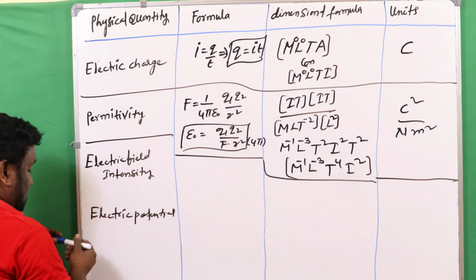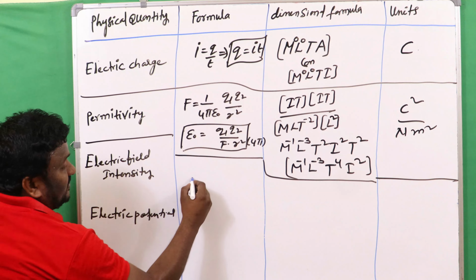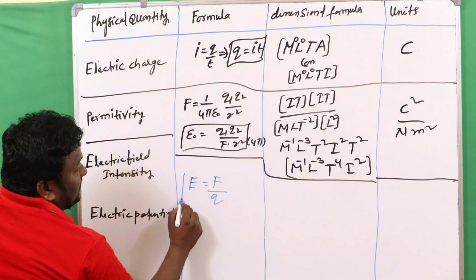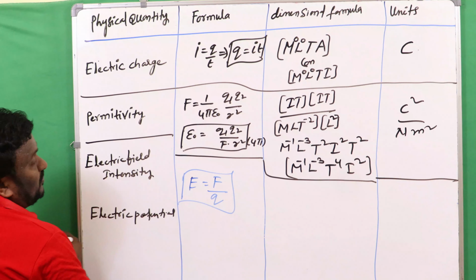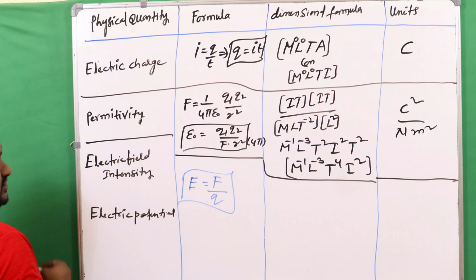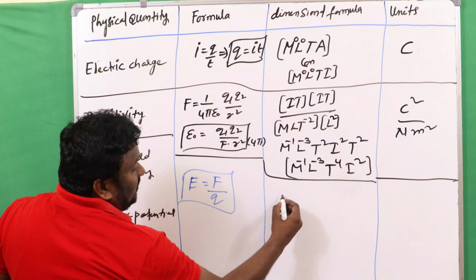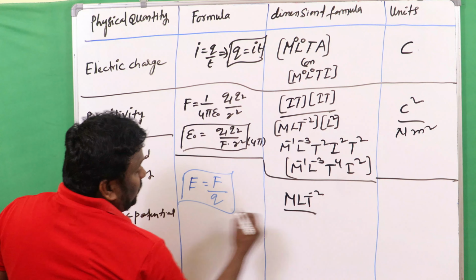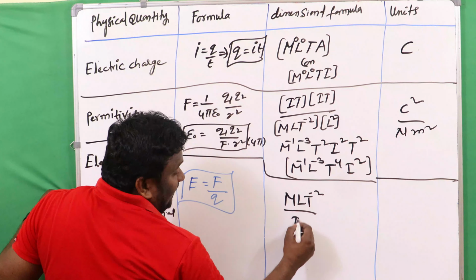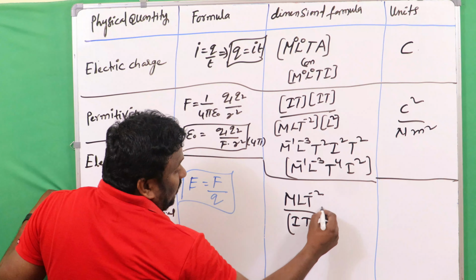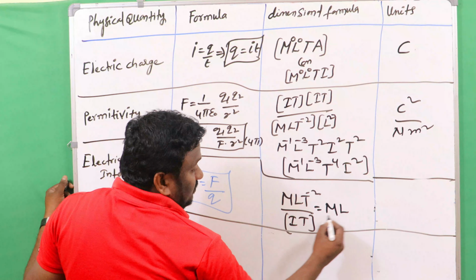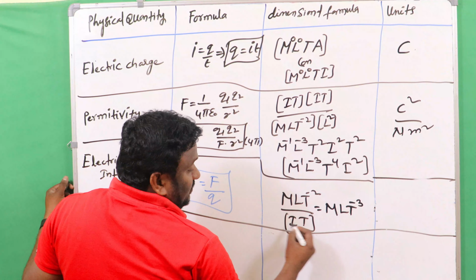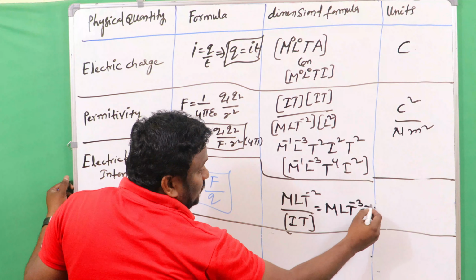And next we have electric field intensity. For that the formula is E is equal to F by Q. That is the formula for electric field intensity. Based on that, F is force, M L T inverse 2, divided by Q, charge, I T. So we get M L T inverse 3, with T to the power of minus 1, and I inverse 1.